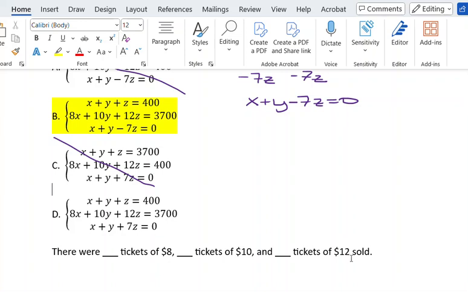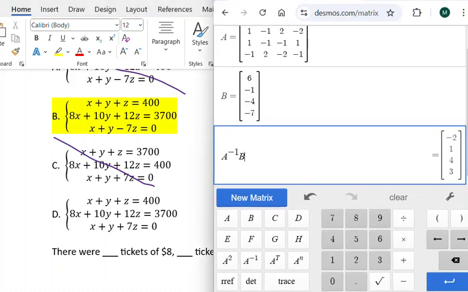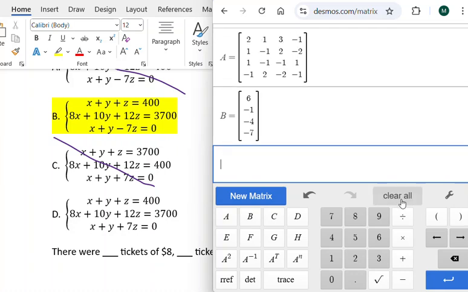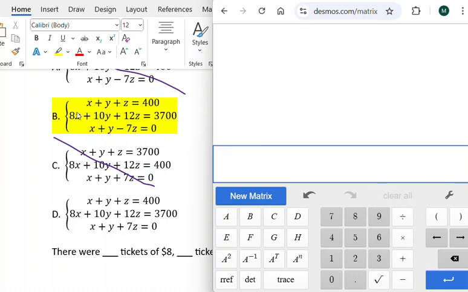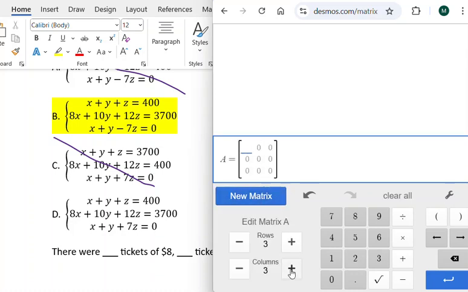So now in order to find the number of tickets, I need to solve the system. So I'm going to go back to my Desmos matrix calculator. I'm going to clear what's there and start over. So I'm going to enter this matrix in for my coefficients and constant matrix. So new matrix, this is 3 by 3.